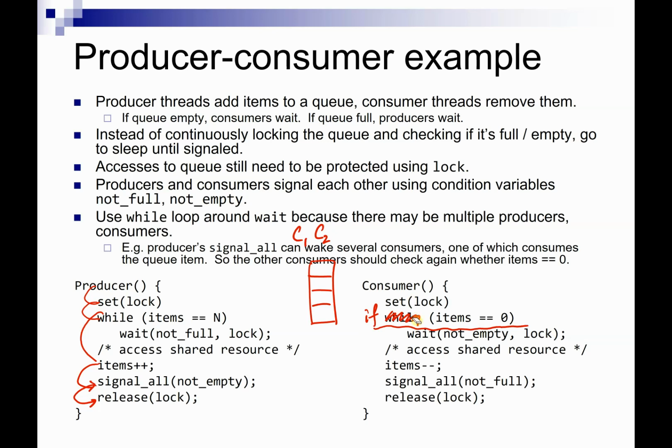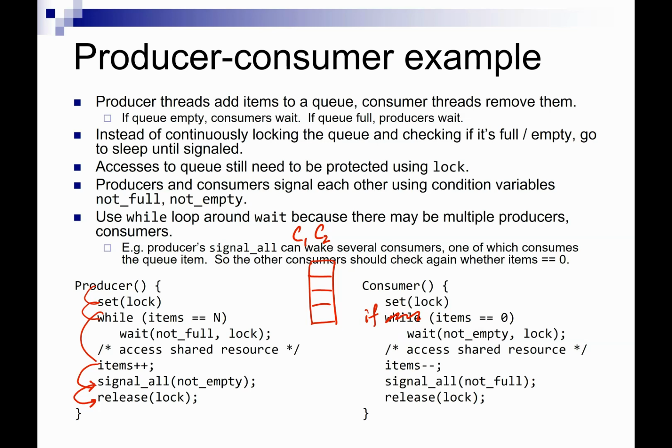But this is not sufficient, because if you just have an if statement, then after these waiting threads wake up, they're not going to recheck whether items equals 0 again. So after C1 and C2 wake up, they're both just going to try to take an item, which would be incorrect, because only C1 should be able to take the item. C2 needs to wait again.